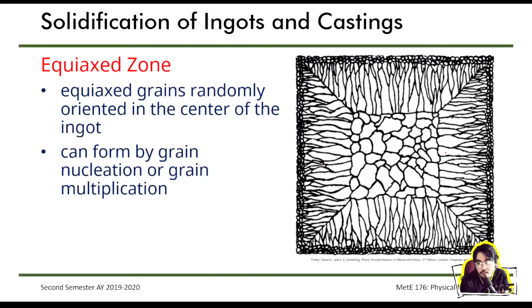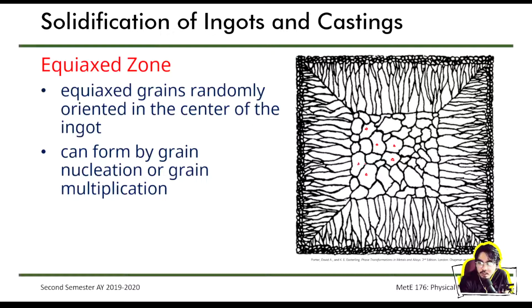Ano? So yung mga dendrites na nag-fall off or nag-redissolve from this columnar growth, magkakaroon na siya ng nucleation sites. Tapos dahil masyado nang makapal itong layer of solid na to, insulated na talaga yung liquid natin.